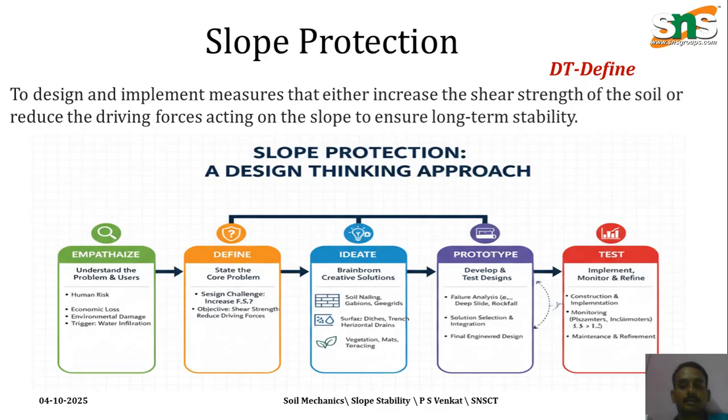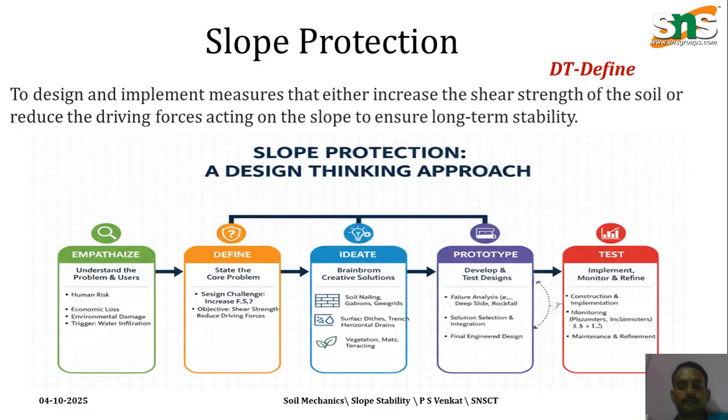Empathize: we have to find out various effects which cause hazards to humans in terms of loss of life, economic loss, environmental damage, etc. Next, we have to define the problem, that is improper stability, decreased strength and instability of the soil.